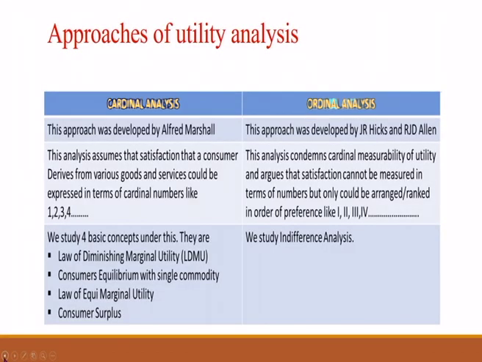The core idea of the law of diminishing marginal utility is that if people continue to use the same kind of commodity, the utility they derive will diminish over a number of units consumed. Consumer's equilibrium with a single commodity: if you repeatedly use the same commodity, how is utility derived?